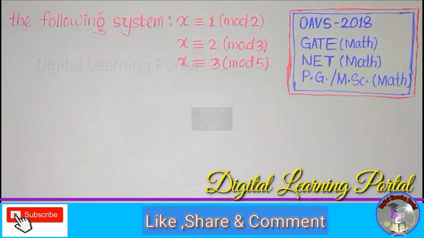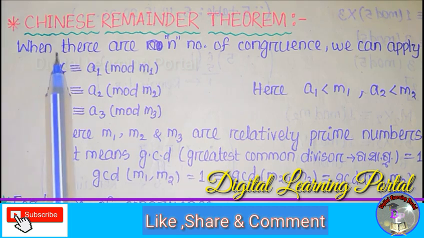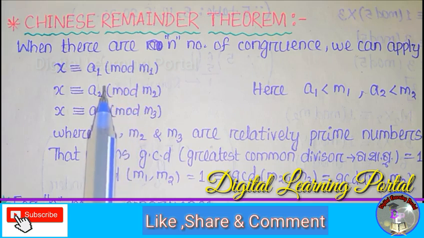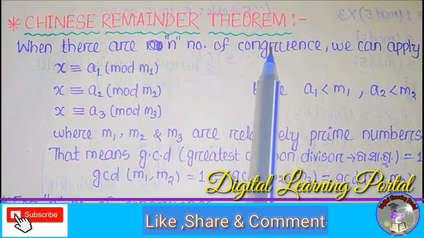So friends, before starting this video, we have to know something about the Chinese remainder formula and when we implement this theorem. So let's start. You can see this image. This is the Chinese remainder theorem, and we apply this theorem when there are n number of congruences.